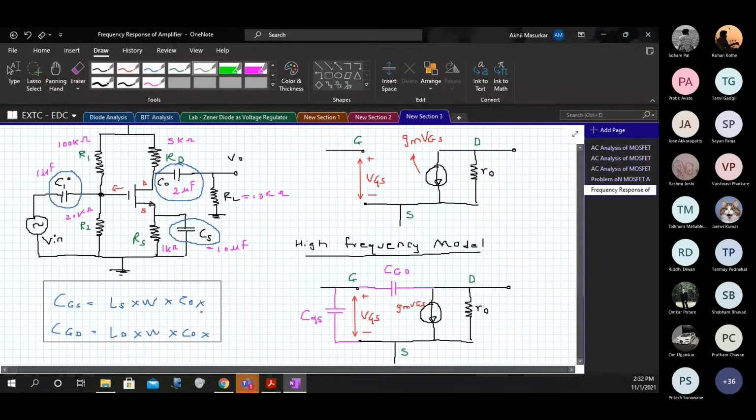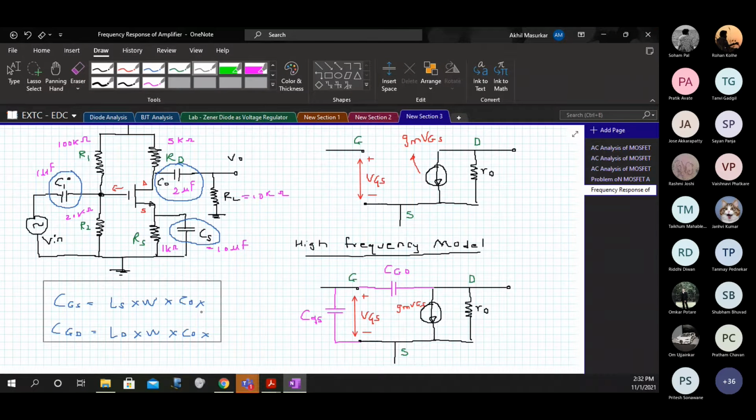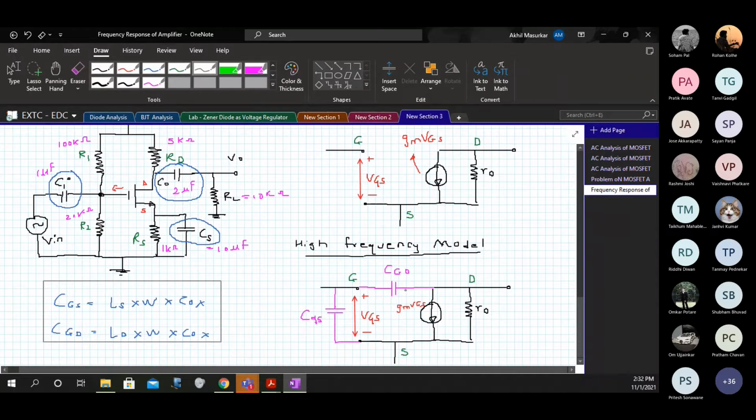So we can calculate these values, and generally these values are given in the problem. CGD and CGS will be given to us.